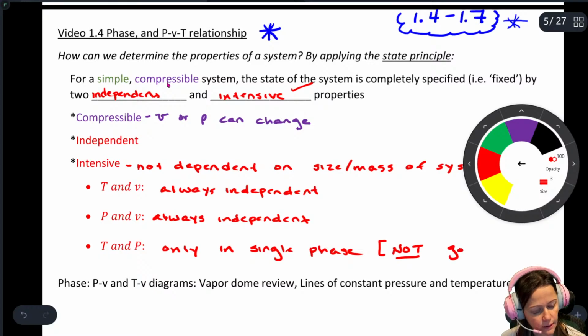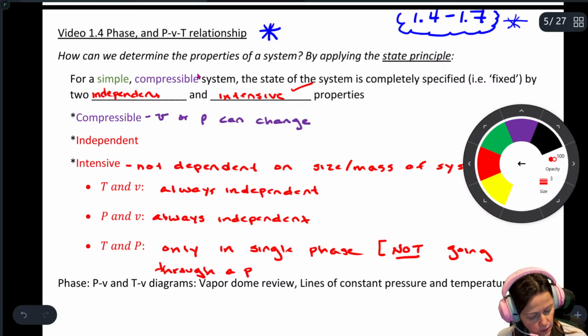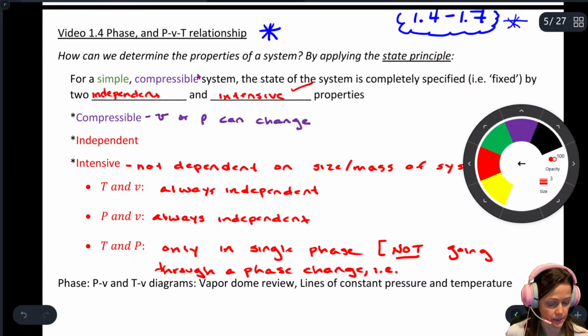Not if your substance is going through a phase change, i.e., it has multiple phases.